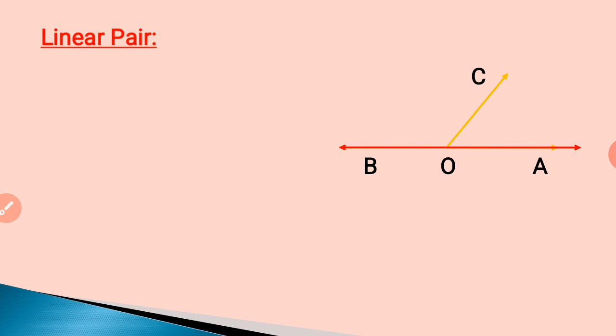Now this is a linear pair of angles. When AOB becomes a straight line, then angle AOC and angle COB together will become a linear pair of angles.